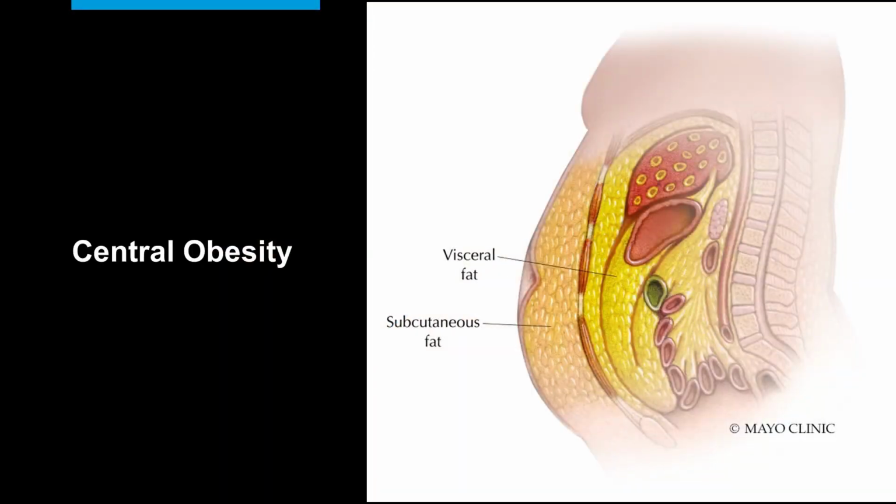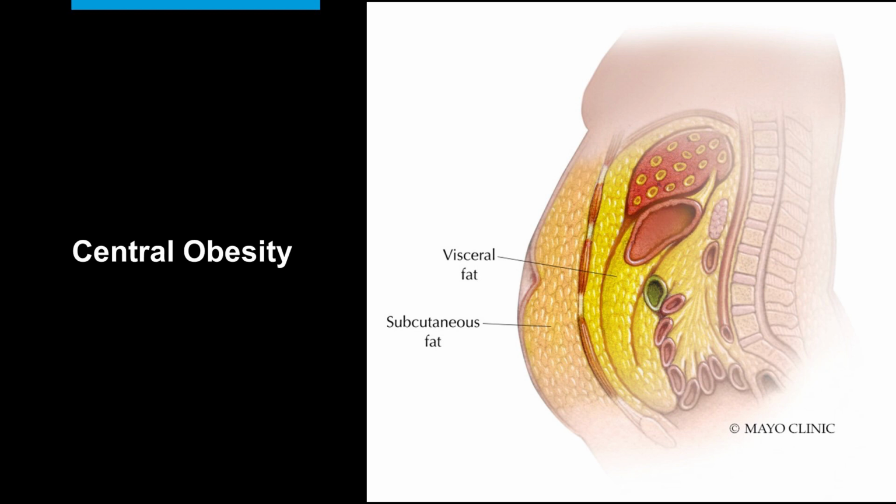Now, we know that obesity might also relate not only to the amount of fat, but also to the location of the fat. And it has been well known that obesity, particularly when the fat is in the abdomen, or what is called central obesity, might actually be a much greater risk factor for cardiovascular disease than just general obesity or total fatness.